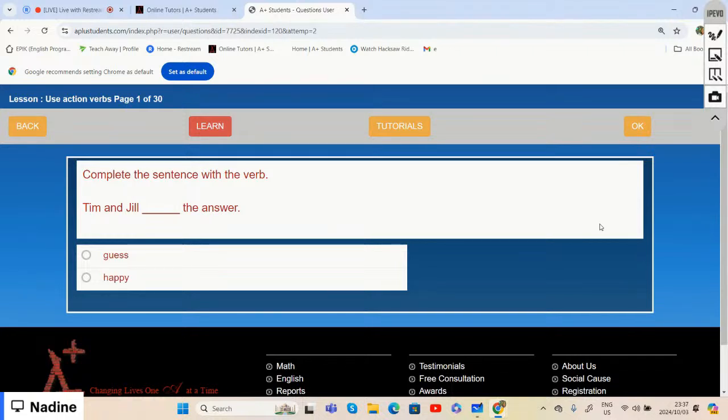So Tim and Jill, do we say guess the answer, option 1, or do we say happy the answer, option 2? What do they do? Which one is correct?